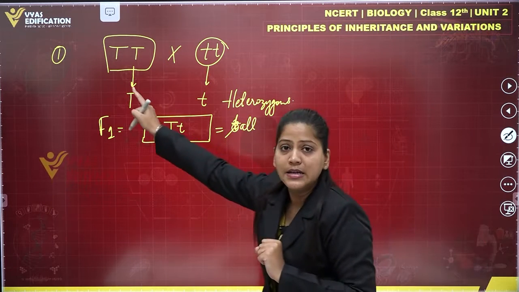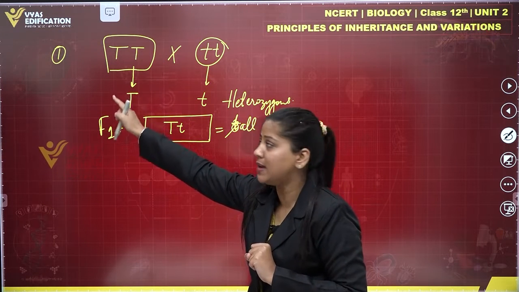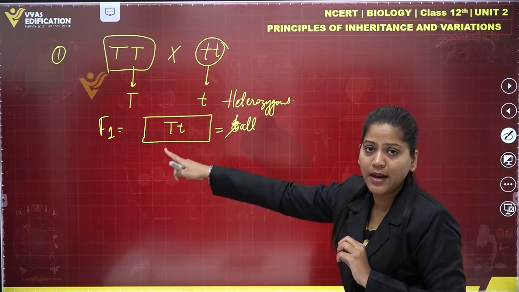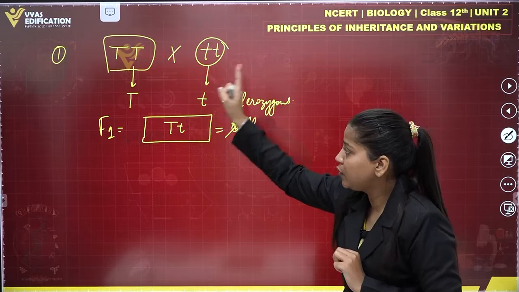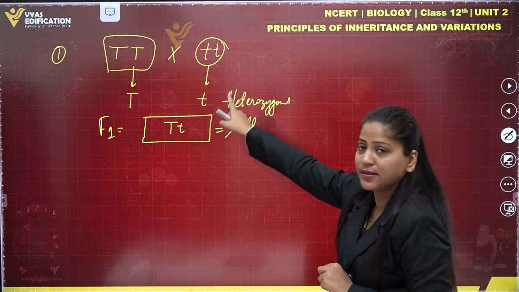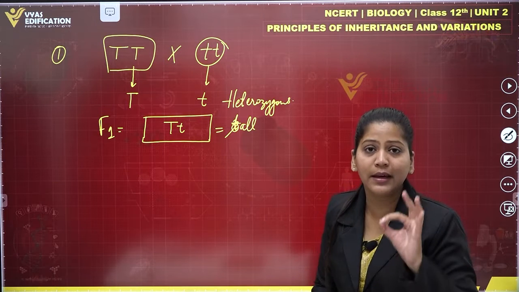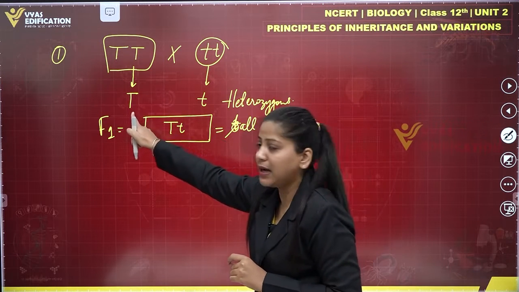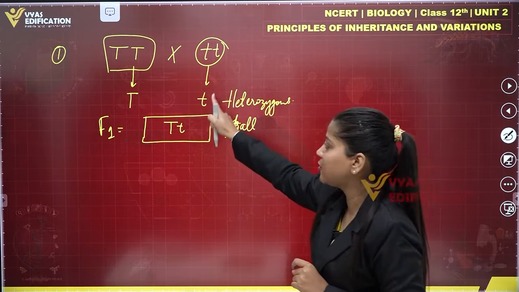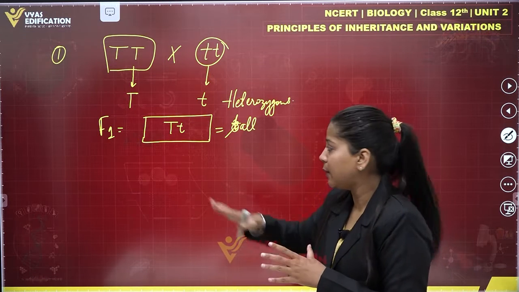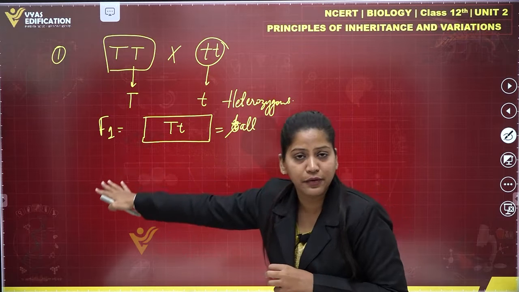We don't know the genotype of the organism. We are just testing its genotype, and for that we mate this organism with the recessive parent. These two make gametes: this has made capital T as gamete and this has made small t. When they fuse, they produce offspring of the F1 generation.